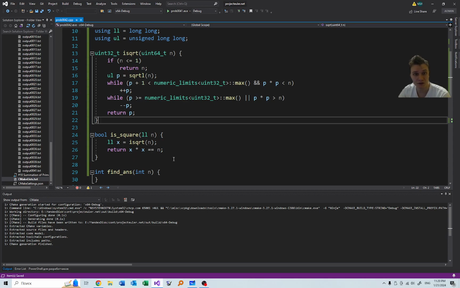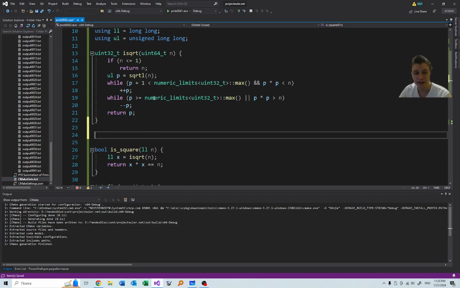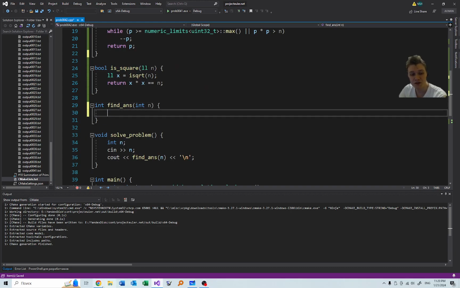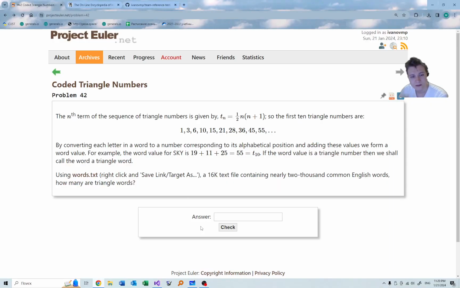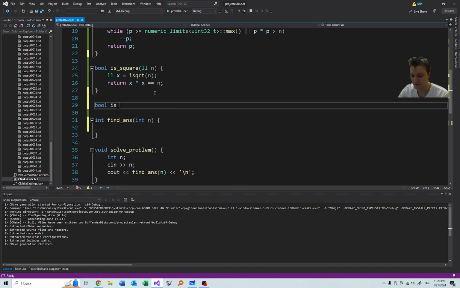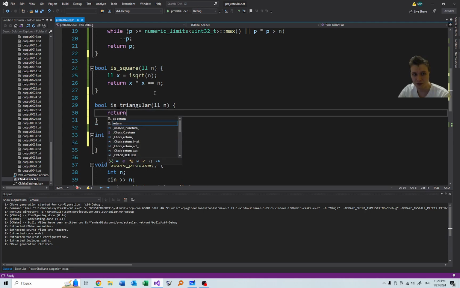It shouldn't take long. At least it always gives the correct answer. Okay, now we can check if the number is a square. Then we can move here. Oh, let's check that the number is a triangular number. To do that, we need to check that 8n plus 1 is a square.